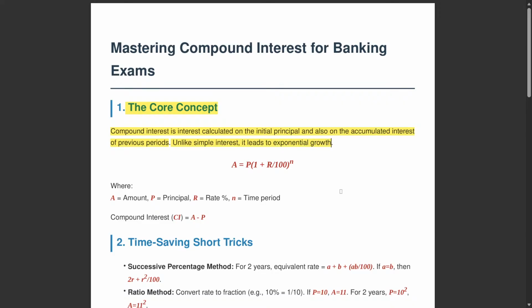So compound interest is nothing but simple interest, but it has a special thing, that is, it leads to exponential growth. Okay.